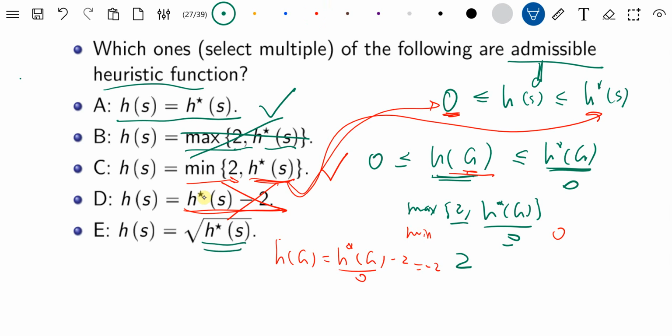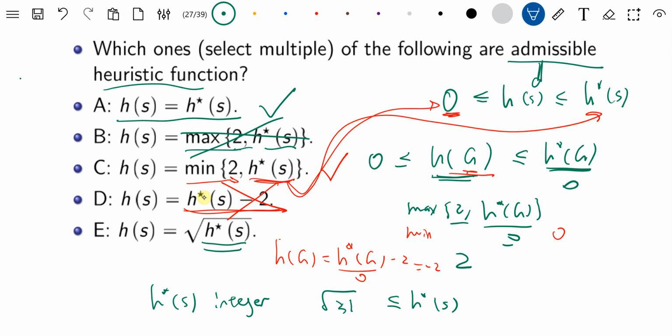So if h star is always an integer or always larger than 1, then it's okay, because the square root of anything larger than 1 would be less than or equal to h star.